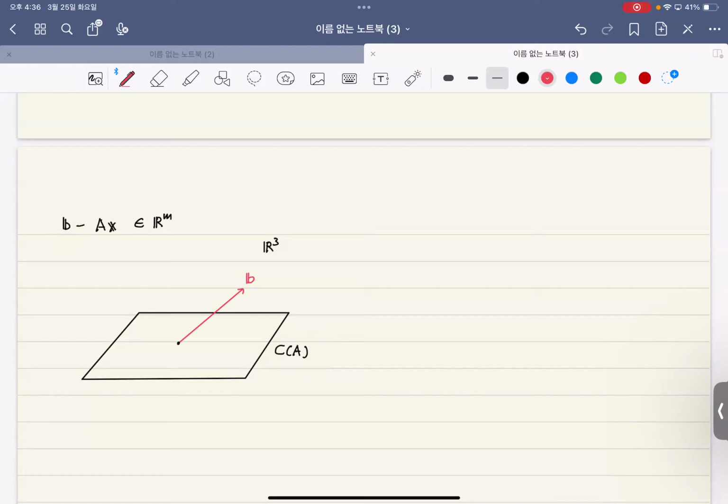Now I want to minimize the length of this vector, right? And for any choice of x, A times x is automatically a member of the column space, like this.